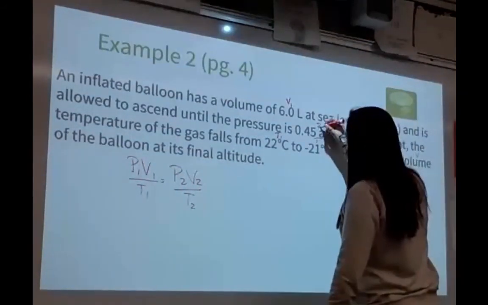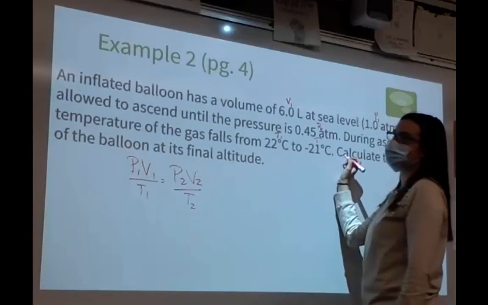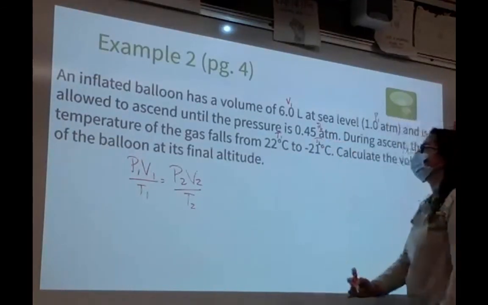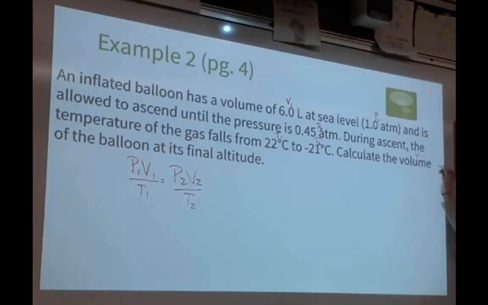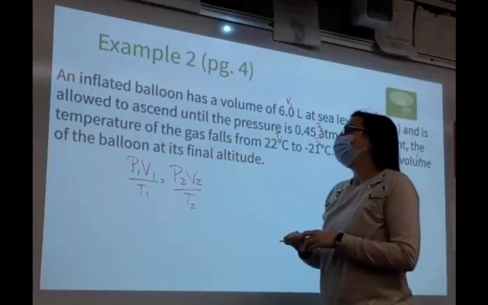So this 0.45 atm, that's the final pressure. Negative 21 degrees Celsius is the final temperature, and we're solving for that final volume. So it just helps if we label everything. Then as we get into the ideal gas law, we can tell the difference because we only have 1 set of conditions versus 2.